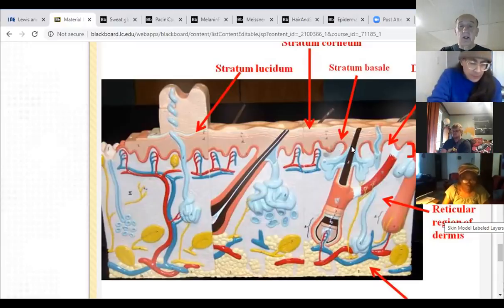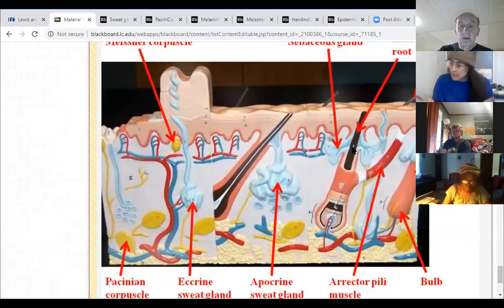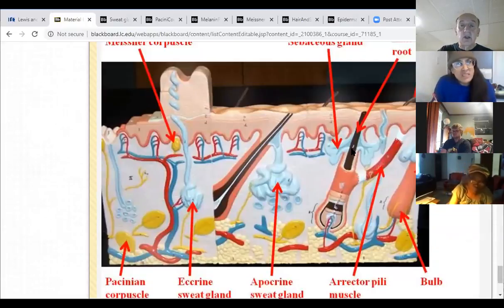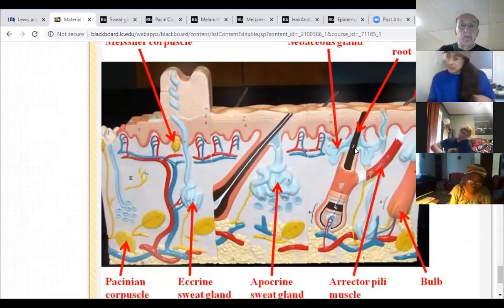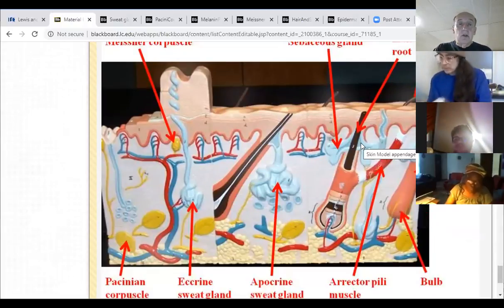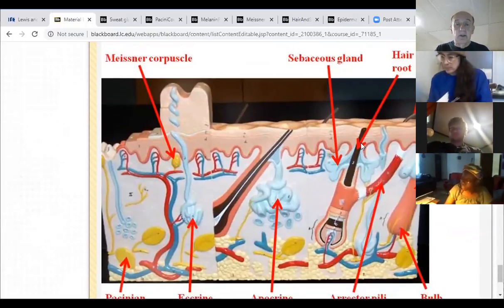On the screen share, I'm going to scroll down here. I think I'm showing everything here. Let's see if I can do this. Maybe this is the best.